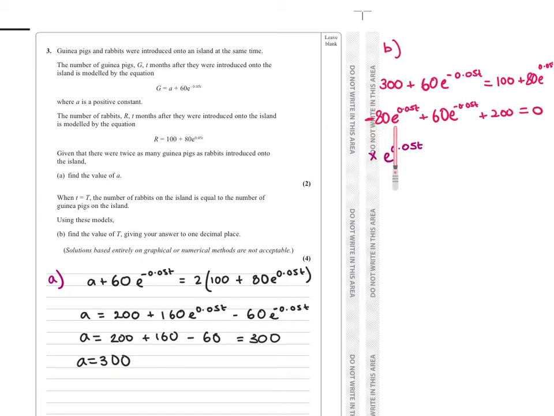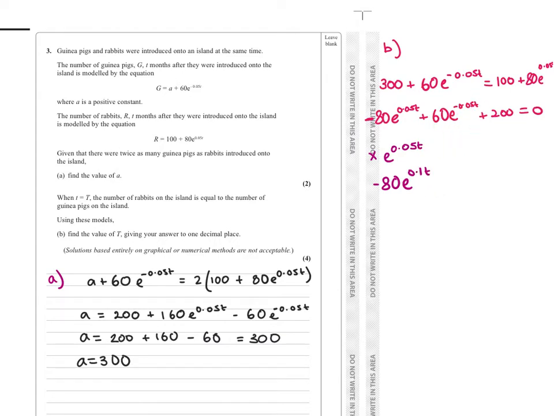Minus 80e to the 0.05t, if I multiply that by e to the 0.05t, if the bases are the same, what do we do to the powers? We add them. So we're going to have negative 80e to the 0.1t. Then 60e to the minus 0.05t multiplied by this, 0.05t add minus, this is going to be 0.